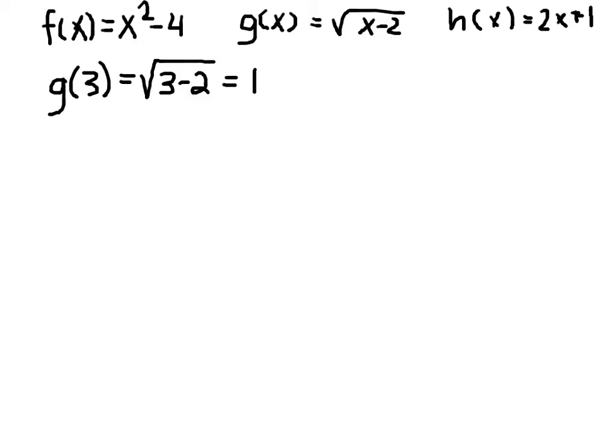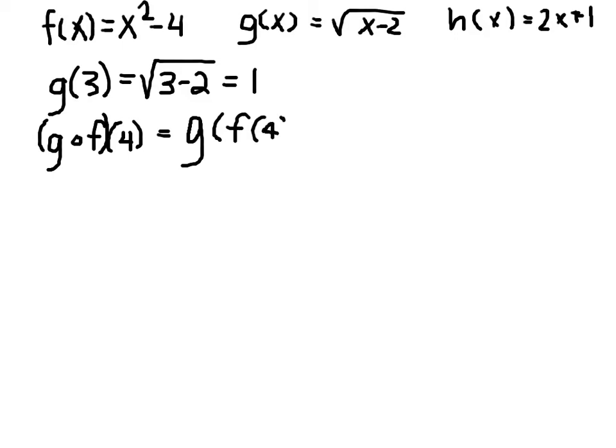But if I were to ask you to find g of f of 4, the first thing I would do is rewrite it so it looks like this, g of f of 4, and then you work yourself from the inside to the outside. So I'm going to start off with just this part, f of 4.